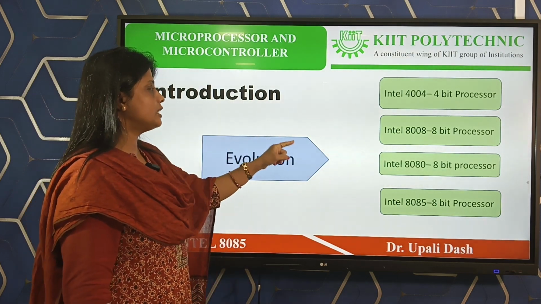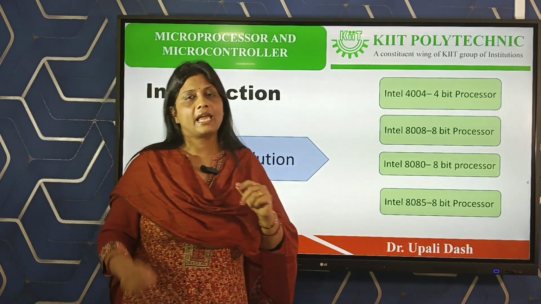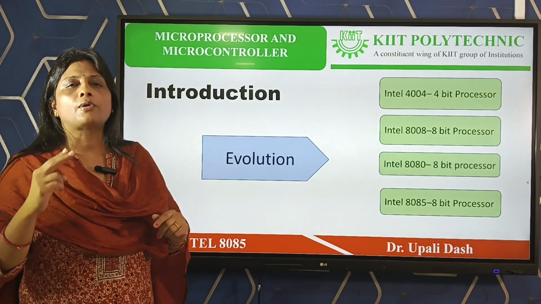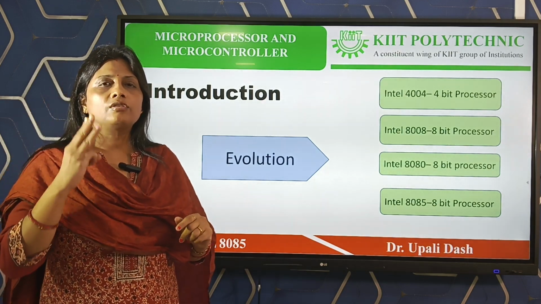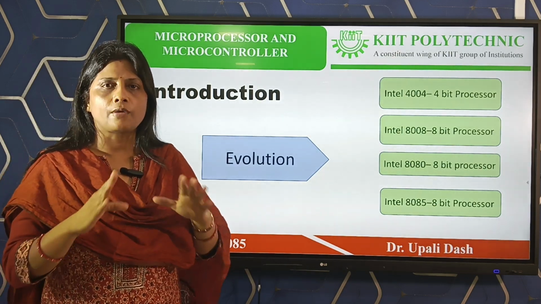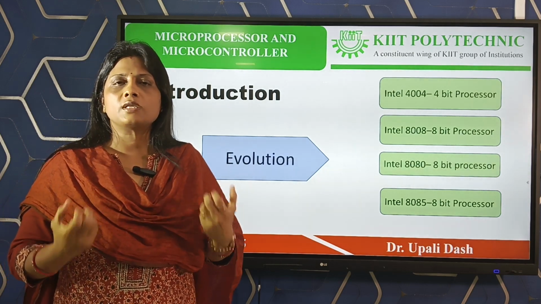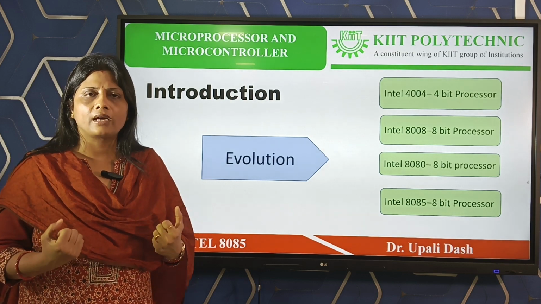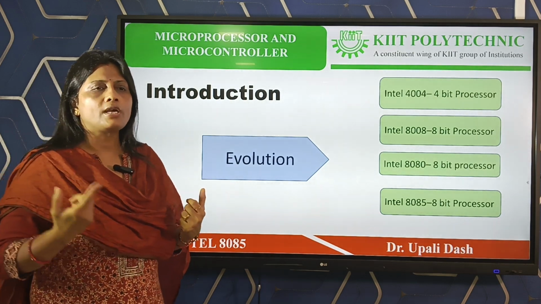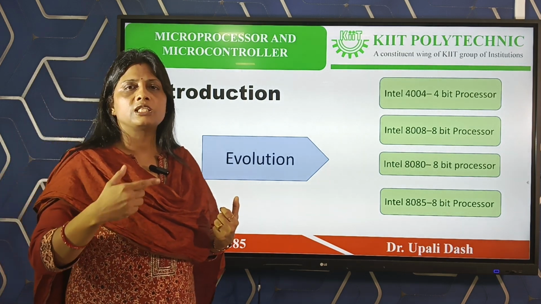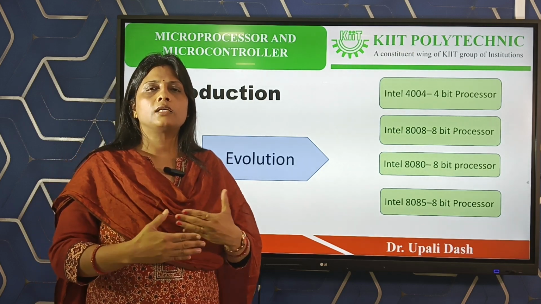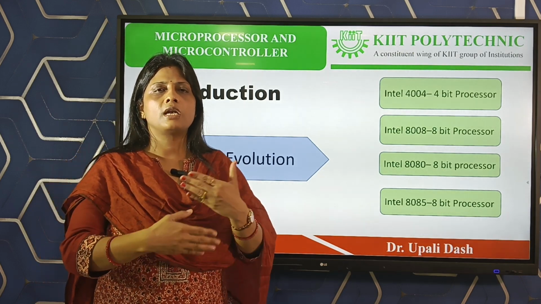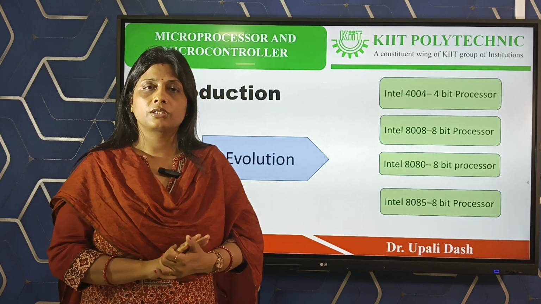Because Intel 8080 was using NMOS and the speed was good, but the problem was that it was using three power supplies for its operation, so power consumption was high. This was a throwback: why should we use something where the power consumption is more? We should go for another invention where the power consumption will be lower along with NMOS technology.